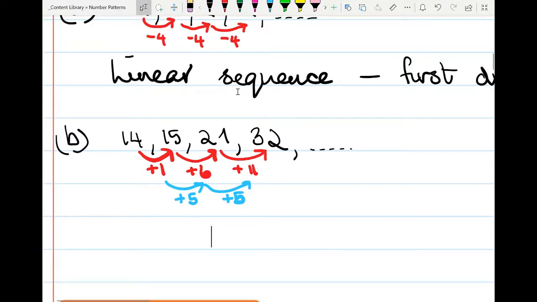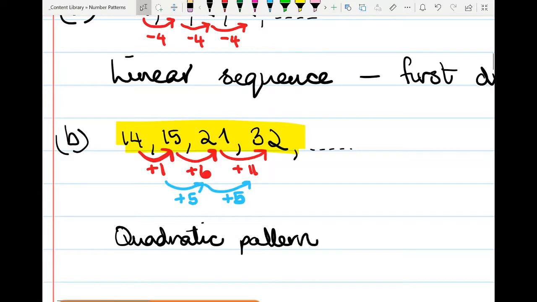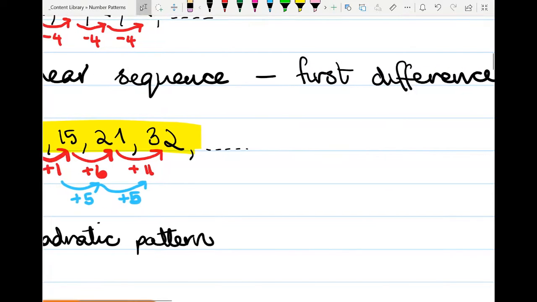So the original pattern that we were given is not linear, but it is a particular kind of addition pattern called a quadratic pattern. So this is a quadratic pattern because the differences follow a linear pattern.